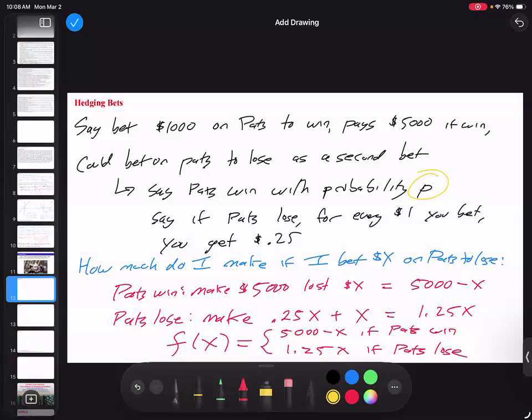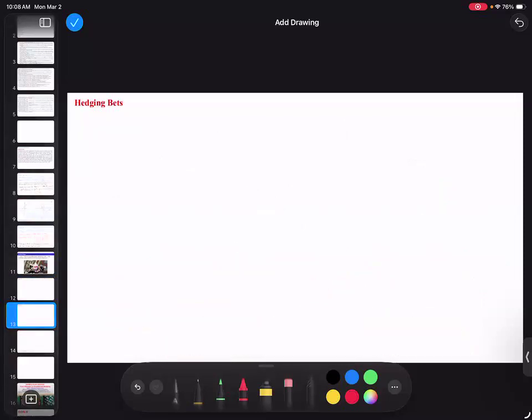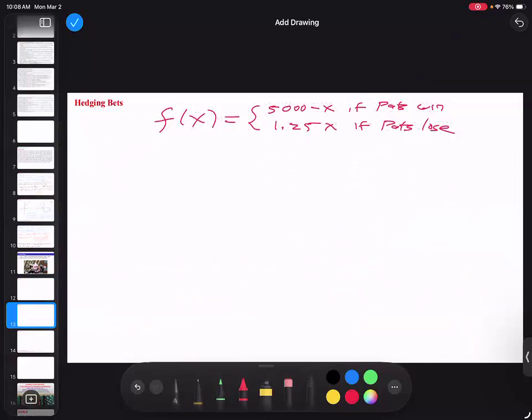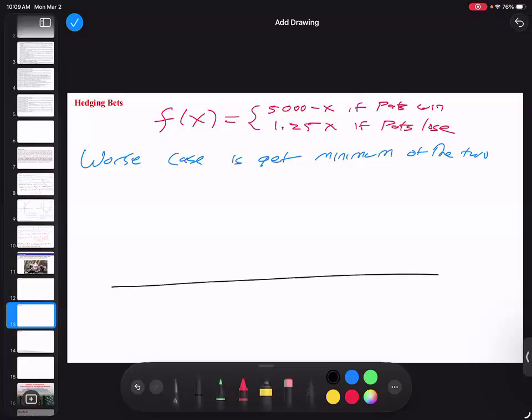So if I do this properly, I should be able to copy this to the next page. So worst case, you get the minimum of the two. What I can do is plot things.